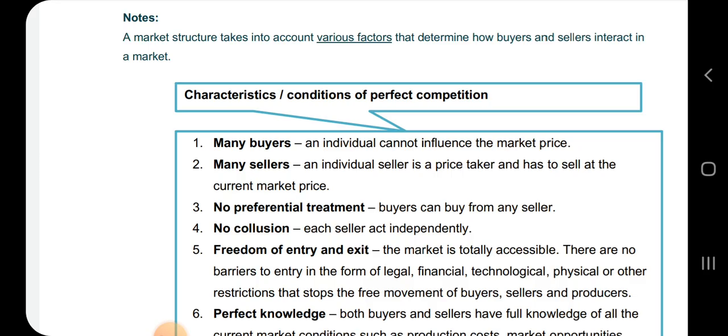You have to know these characteristics or conditions by heart, because they can pop up as an essay question in your exams. And when you are given an essay question with regards to market, in your introduction, guys, you should know how to define a market. A market is a place where buyers and sellers meet. You should be able to define what is a perfect competition. You should be able to define what is an imperfect competition.